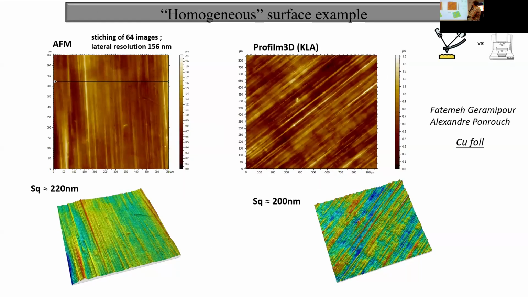So this is an example from Alexander and Fatemeh. It's a copper foil that they use for the reactions or the batteries and so on. What I did here was to stitch 64 AFM images with a certain pixel size to get more or less the same lateral resolution by AFM as what I was expecting for the interferometry, okay?